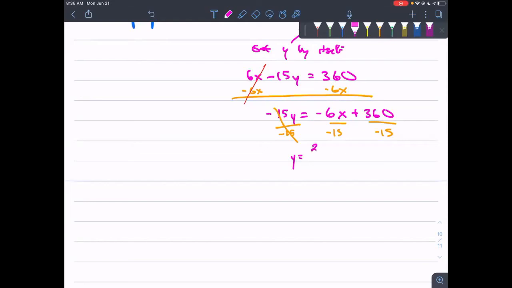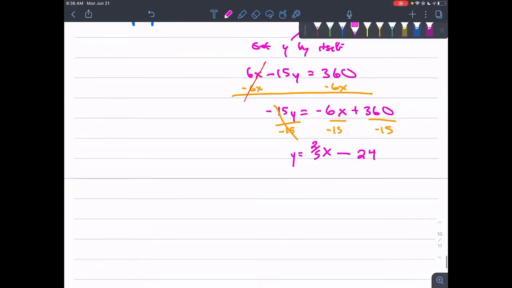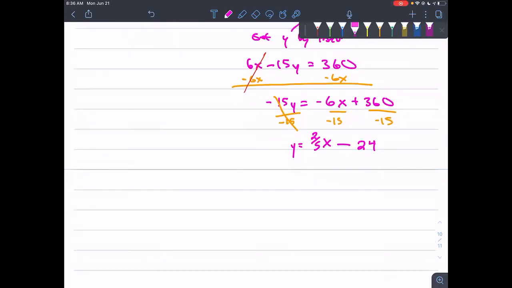It's going to make this 2/5 x. And then 360 divided by 15. That part's unimportant because all we're looking at really is the slope.